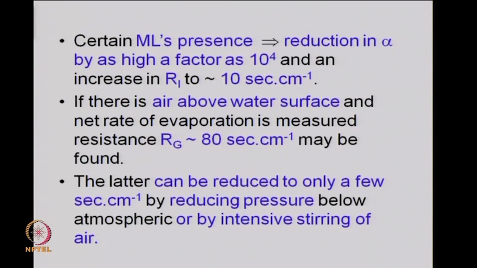So, if there is a 4 orders of magnitude reduction in alpha, we expect Ri to go up correspondingly. So, that means we have an idea about Ri possibly increasing from this 2 by 1000 to about order of 10 seconds per centimeter.